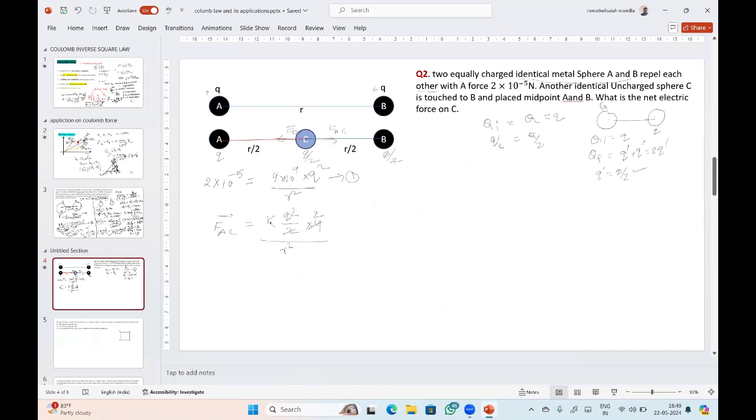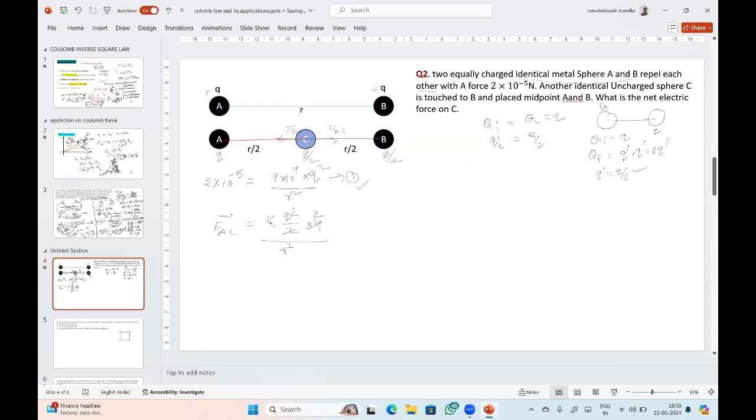The question is like this: two equal charged, identical metal spheres, with equal and similar charges. How did I come to know they are similar charges? In the question they are repelling each other with a force. Therefore I have taken plus Q1 Q2, 2 into 10 to the power of minus 5 is equal to K Q square by R square, equation 1.